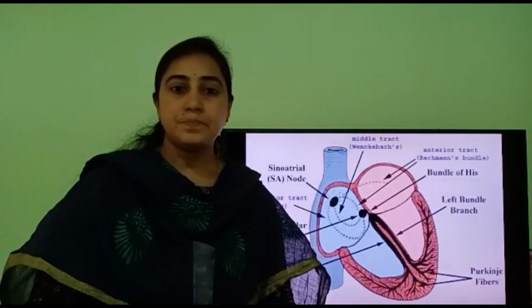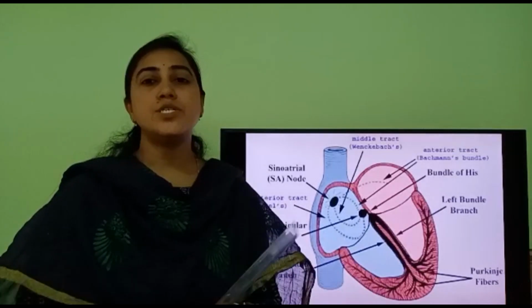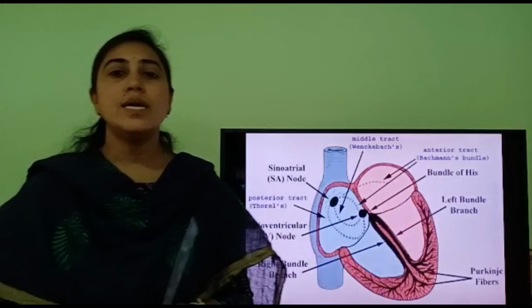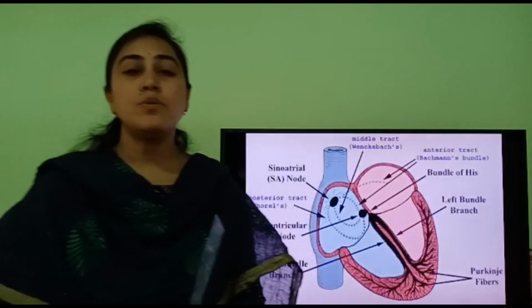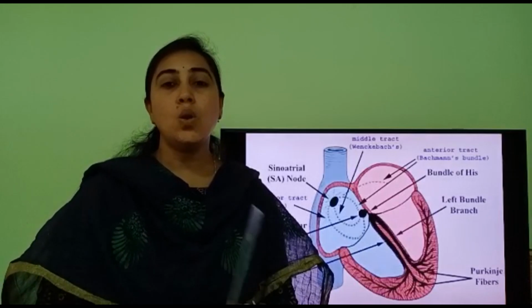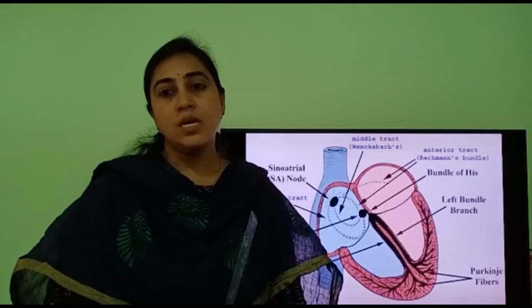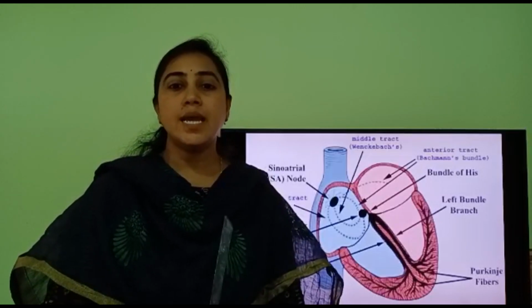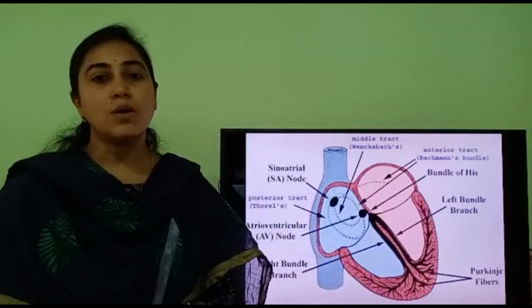And another mass of this tissue, also called nodal tissue, is called the atrioventricular node. The atrioventricular node is seen in the lower left corner of the right atrium, in the posterior inferior region of the interatrial septum, which is closest to the opening of the coronary sinus.